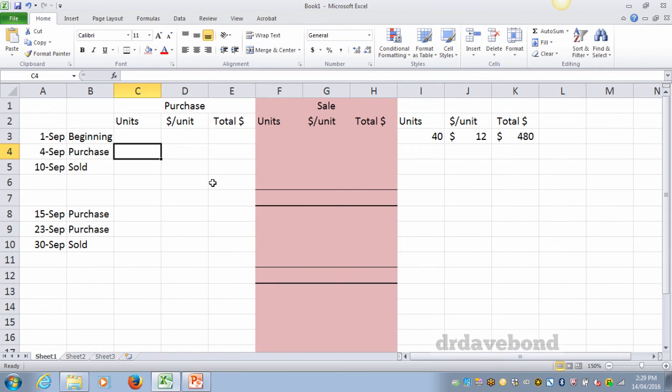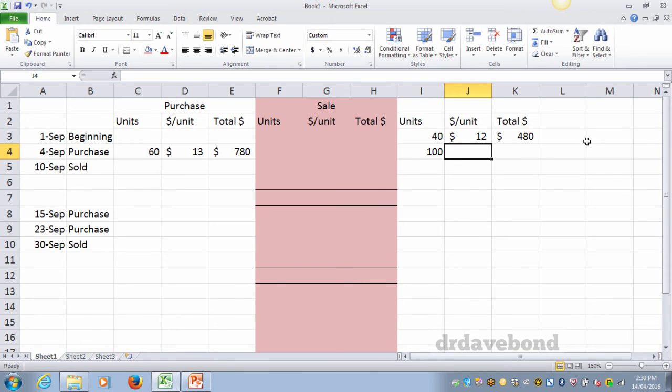Okay. On the 4th of September, we purchased in 60 units, and we paid $13 a unit, which gives us $780. That means the total amount of stuff we have on hand is 100 units. So we've got 100 units of inventory sitting there.